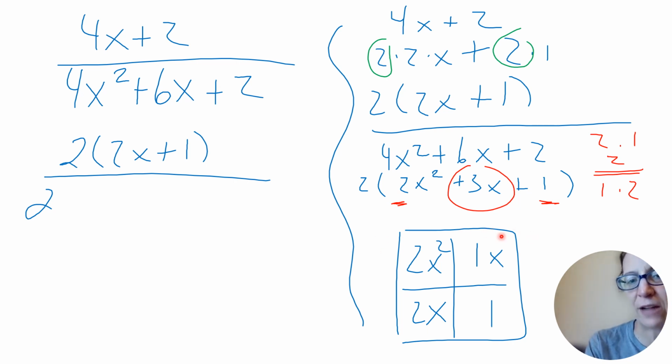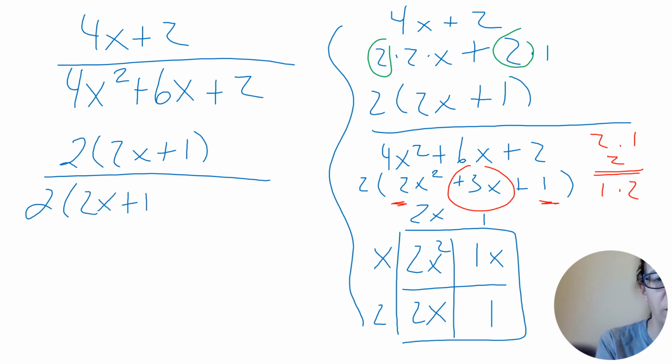So what's the greatest common factor between 2x squared and 1x? That would be an x, which makes this 2x, which makes this a 1, and makes this a 2. And so we have in the denominator 2x plus 1 and x plus 2.